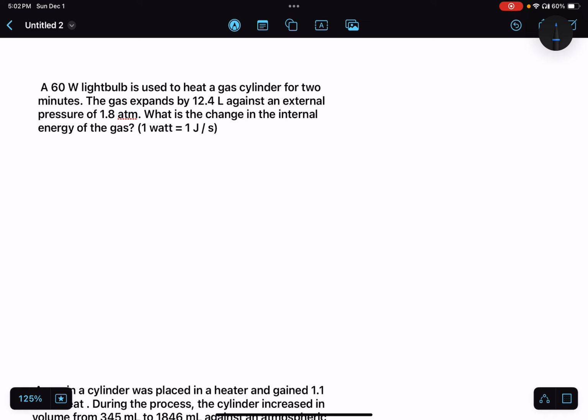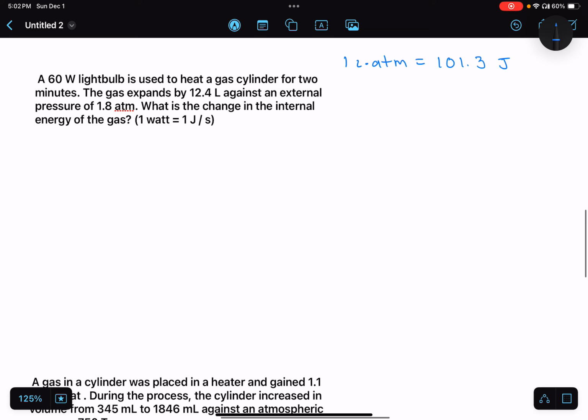We're also going to need this conversion: 1 liter times atmosphere is equal to 101.3 joules. We'll come back to that.